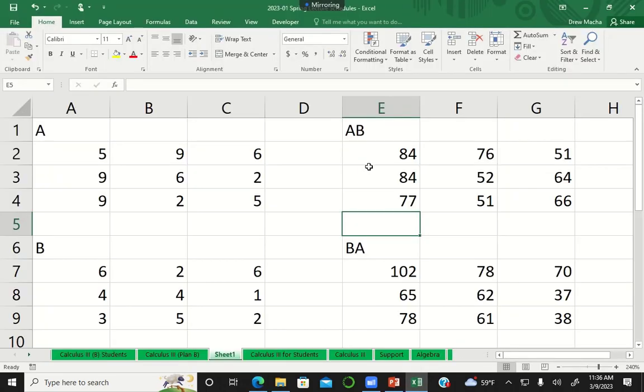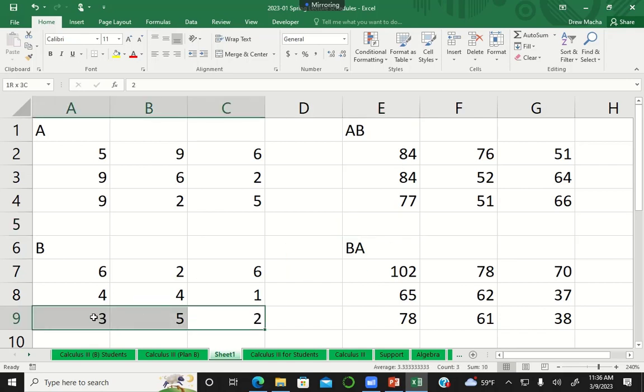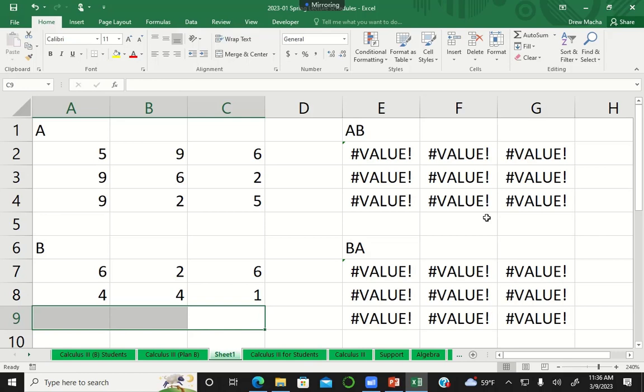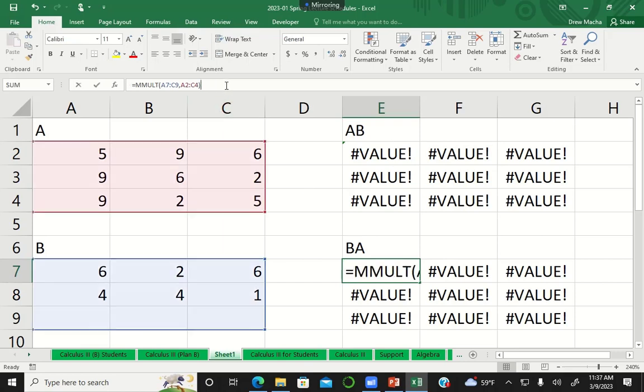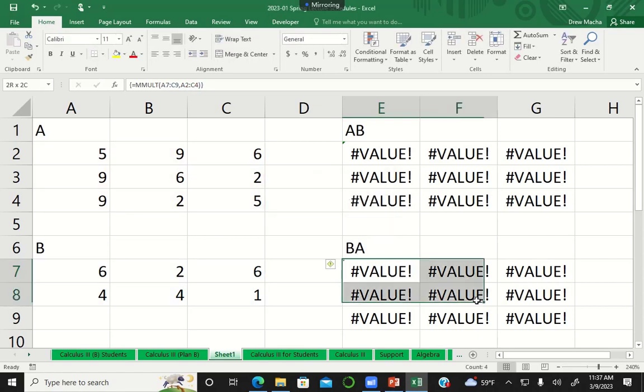Excel knows this as well. So here I have this matrix product AB. If I have 3 columns in A, then I have to have 3 rows in B for this to work. If I deleted one of the rows of B, it doesn't work. B times A should actually still work though. I say that B times A should work because there's 3 columns in B and there's 3 rows in A. So this should actually still work.